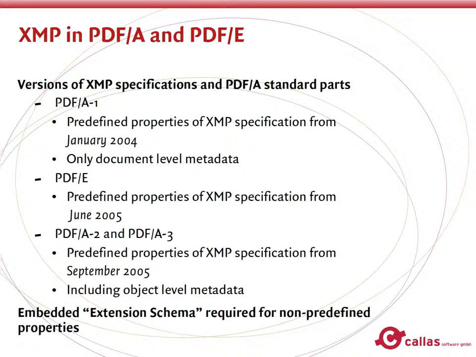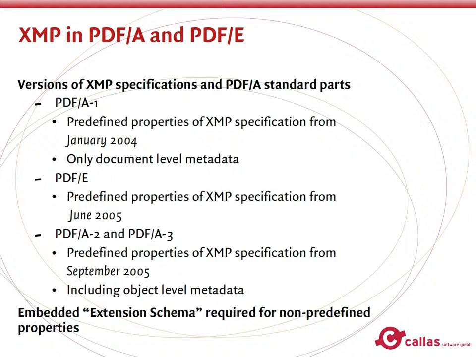Okay, this is about PDF-based ISO standards and XMP. So first slide is about PDF/A and PDF/E. And when looking at PDF/A, one thing is that apparently we have several flavors.